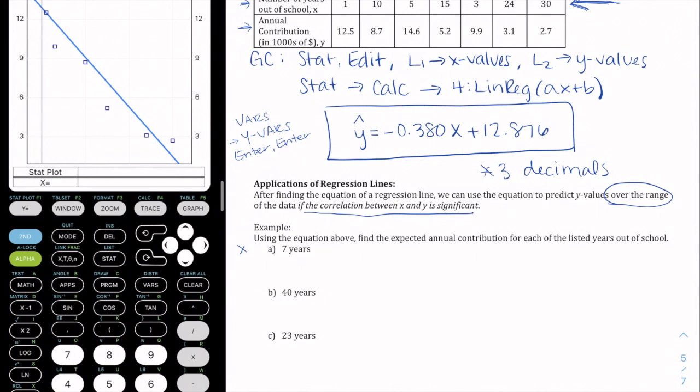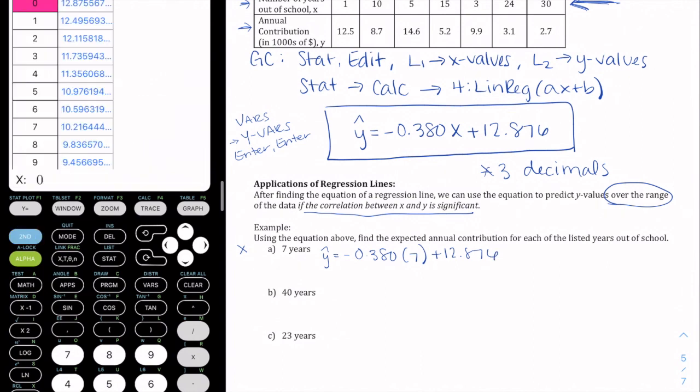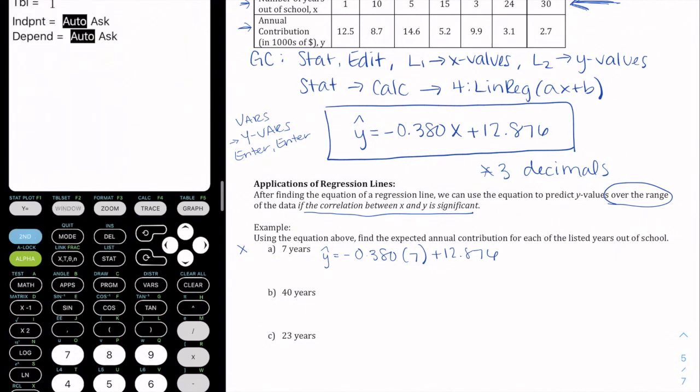So you're just going to simply do y hat equals negative 0.380 times 7 plus 12.876. Or you can go to second table. Actually, let's change our setting. So second window, we're going to change this to be ask. And then go back to your table.